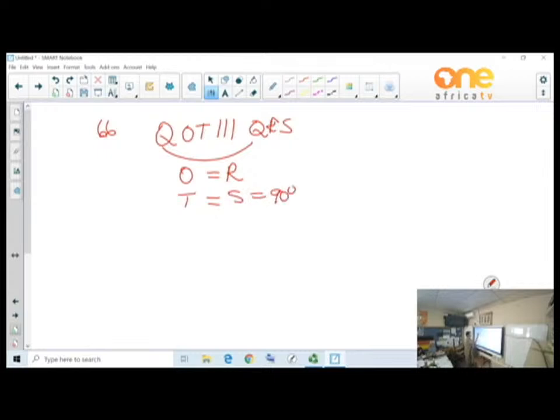So Q is a common angle, and this too is 90 degrees because it's the tangent there. Obviously, then your third angle will be equal. So that's how we show similarity. Don't just say the angles are equal. You must show which one is equal to which one. They ask this quite often.